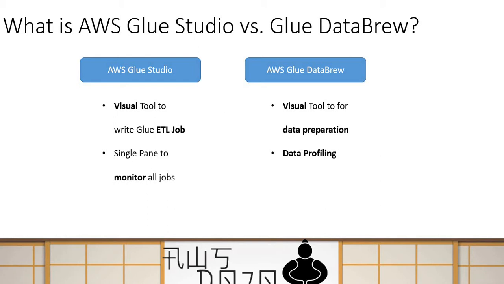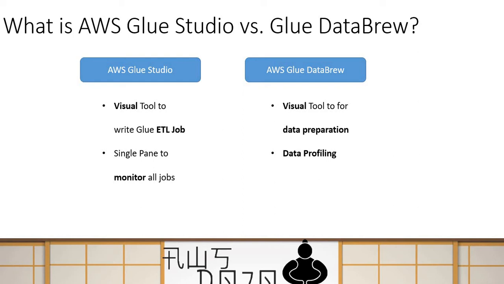Now, when it comes to data preparation, that's where things get confusing, because in ETL also you do some kind of data transformation, and when you prepare your data, you also do some kind of data transformation. So it seems like Glue Studio and DataBrew both are doing data transformation or data preparation, whatever word you want to use. Transformation probably is a more appropriate word in my opinion.